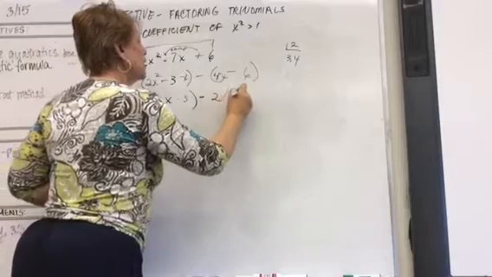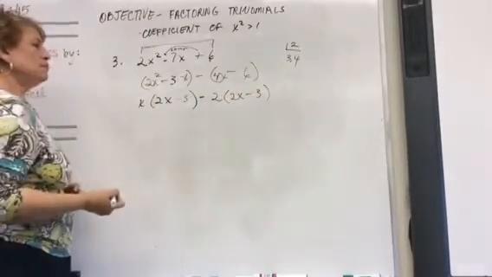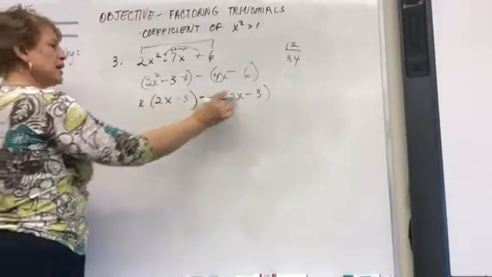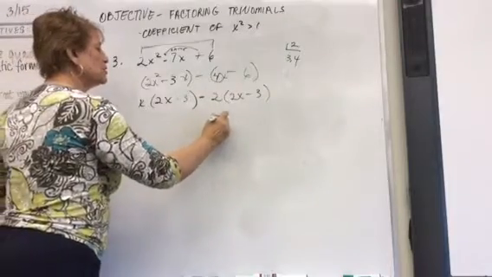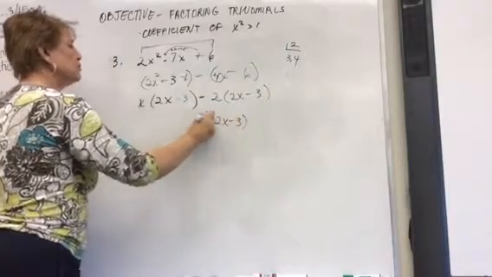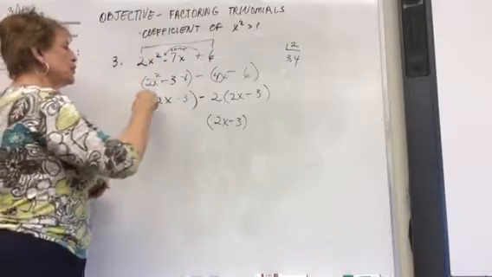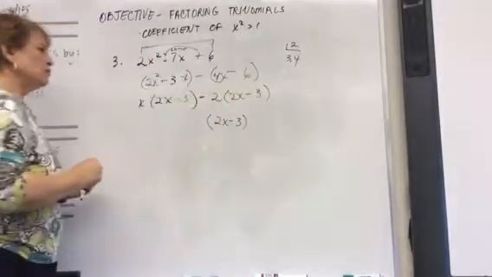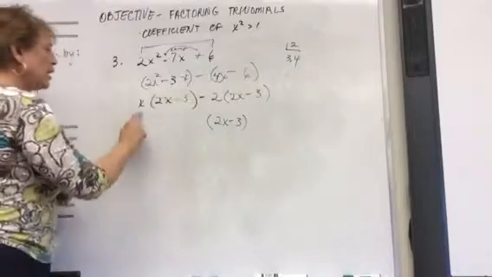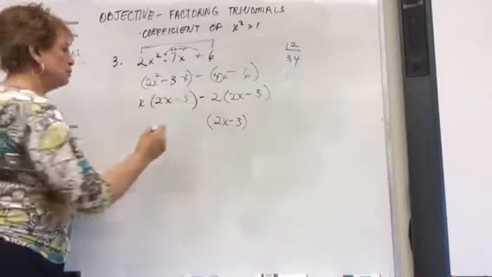That's going to leave 2x minus 3. And my same factors of 2x minus 3 are in each term. So I factor them out. And notice I'm going to be left with x minus 2.